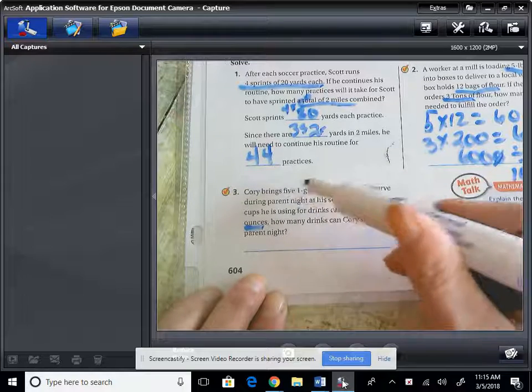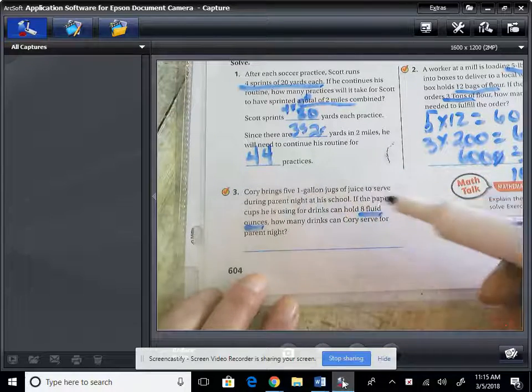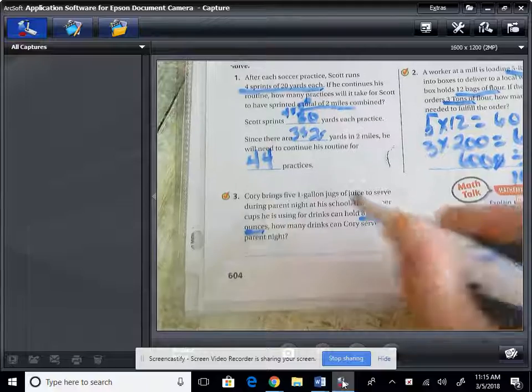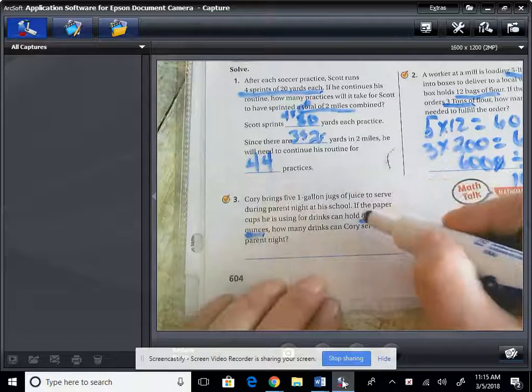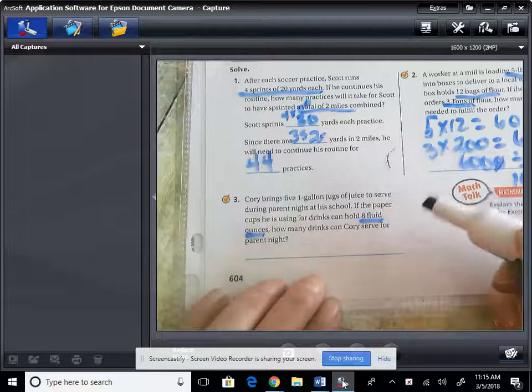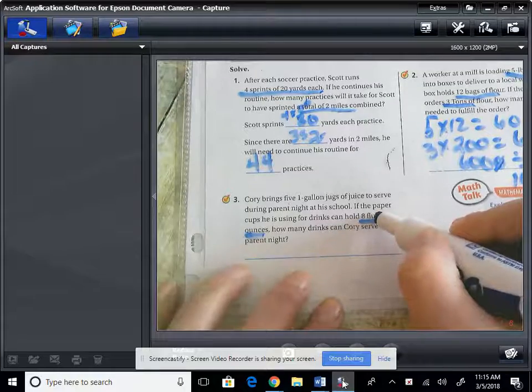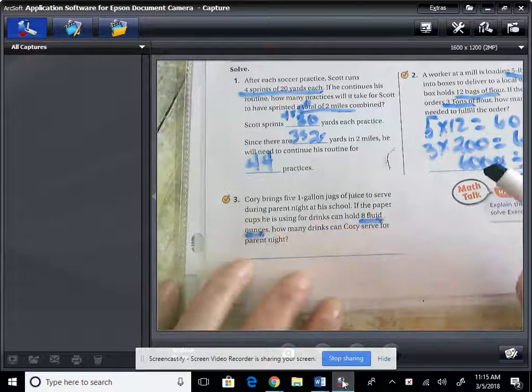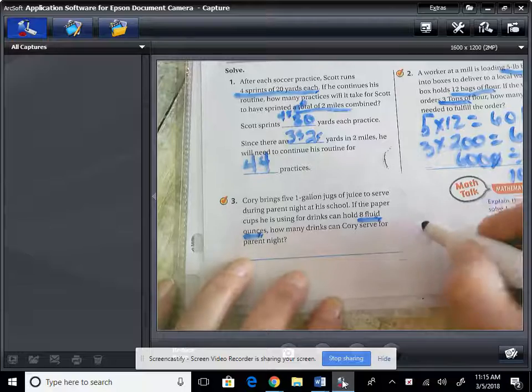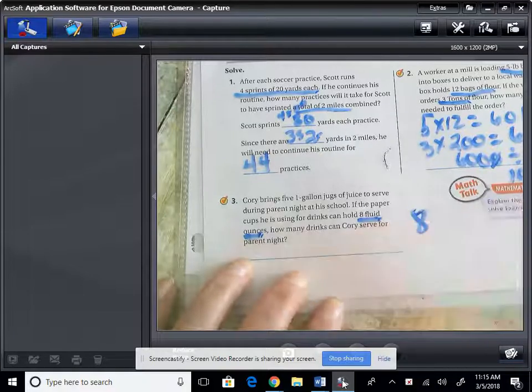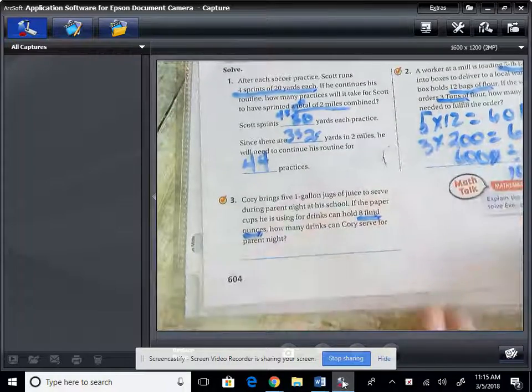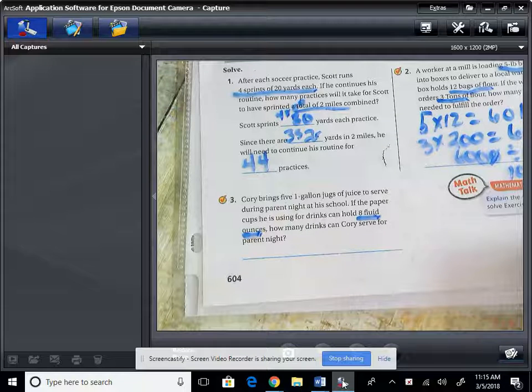So we have 5 1-gallon jugs. How many ounces are in a cup? There are 8 ounces in a cup. Oh, I better check. I think there's 16 ounces in a cup.